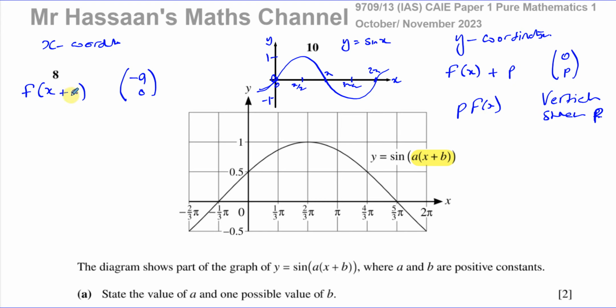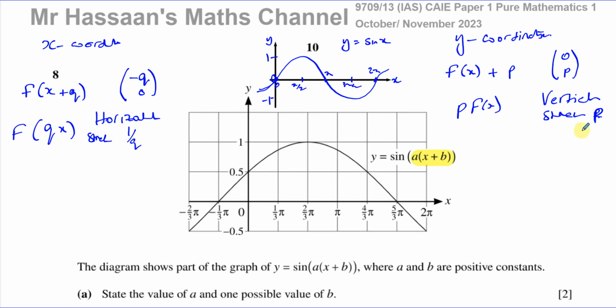Whatever number that is, it translates horizontally in the x direction by that number, always with the opposite sign. And you also have a stretch. If you have f of, for example, let me call this q, so that it's not the same as the letters we've been given, f of qx, well, that's a horizontal stretch in the x direction. All the x coordinates are multiplied by not q, but the reciprocal of q, 1 over q.